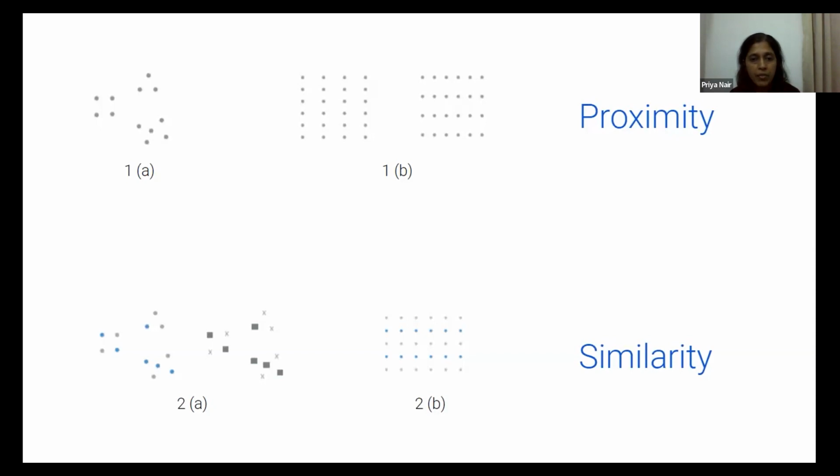And in 2b, just because those dots are in similar color, they are highlighted. So you understand that row is important, and you have to look at the data across as a row to figure out the information that you need. So you can leverage this pattern in your designs.